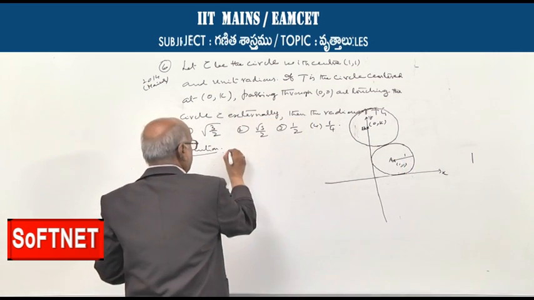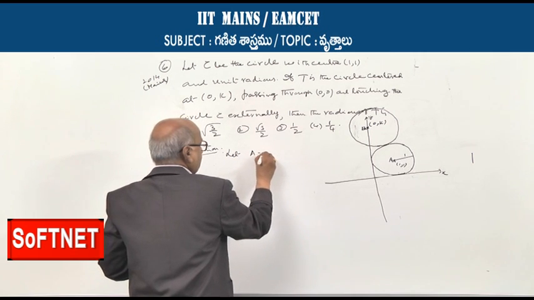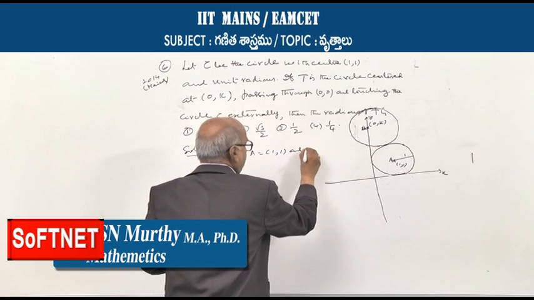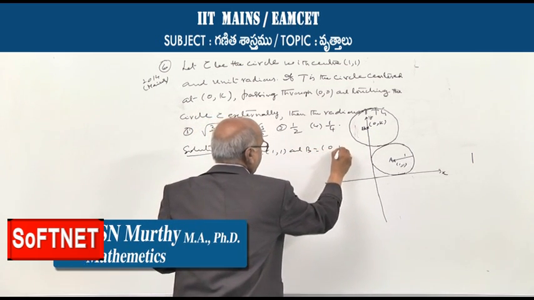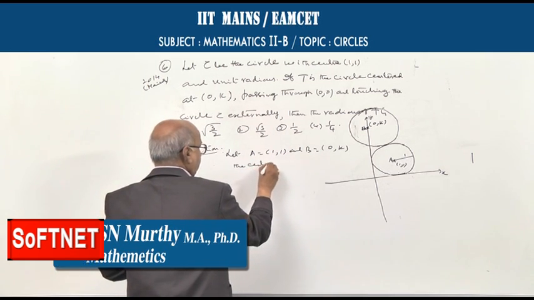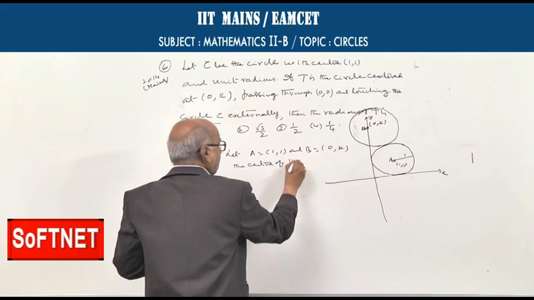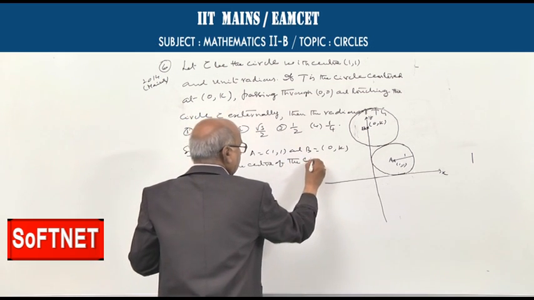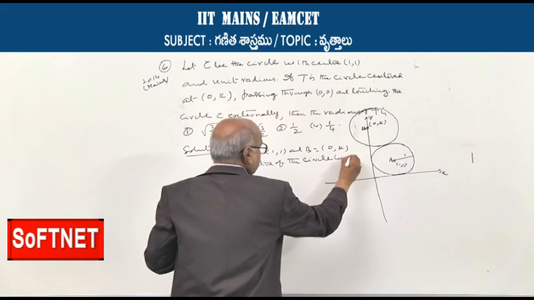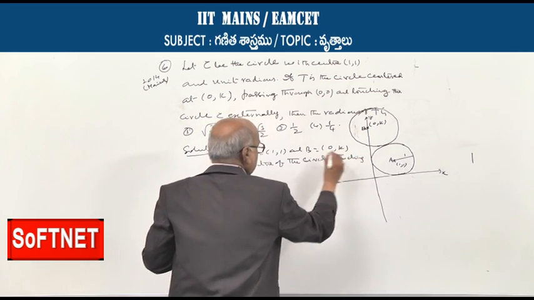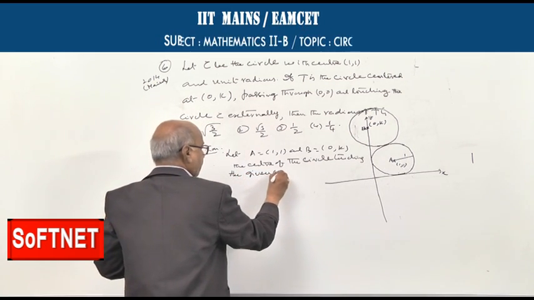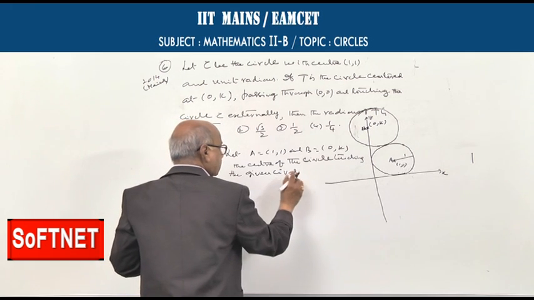So now let A be (1, 1), the center of the given circle, and B be (0, k), the center of the circle touching the given circle externally.